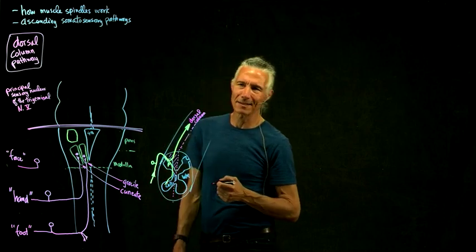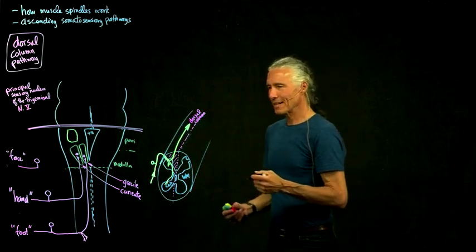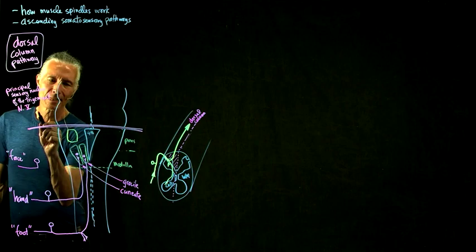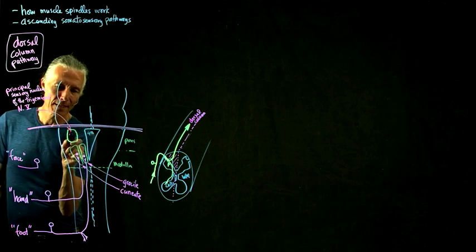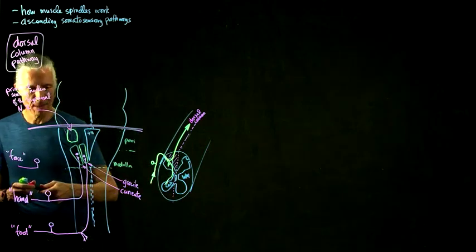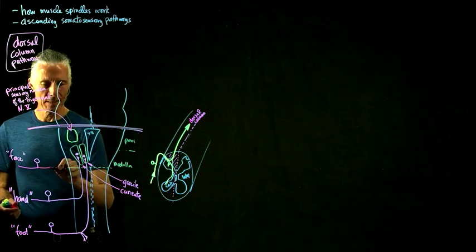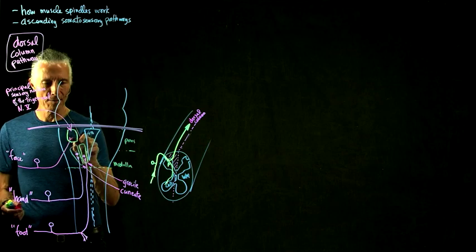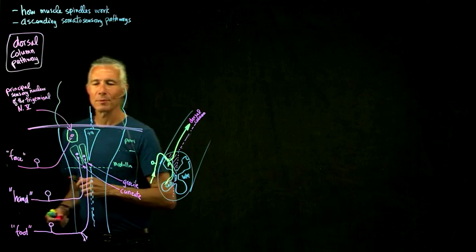The N dot stands for nerve. So it's got a lot of different names, but basically that guy is the place where the face information comes in. So it comes into a slightly different place like that, and then synapses on cells in that principal sensory nucleus.